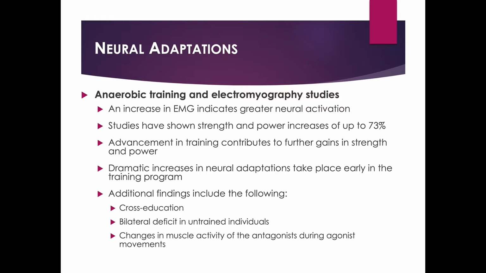There's a bilateral deficit in untrained individuals, and changes in muscle activity of the antagonist during agonist movements. So it's kind of interesting just knowing that the way the nervous system is working is as you train it, the overall system is getting better.